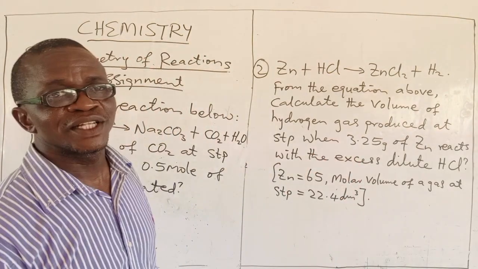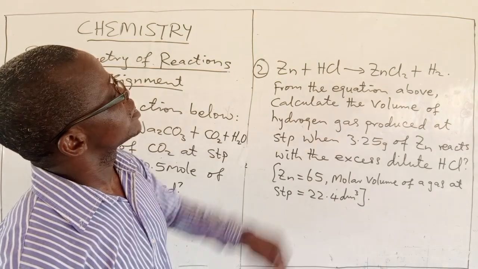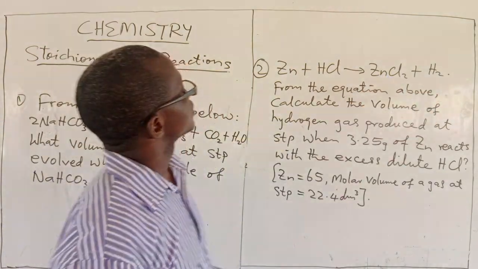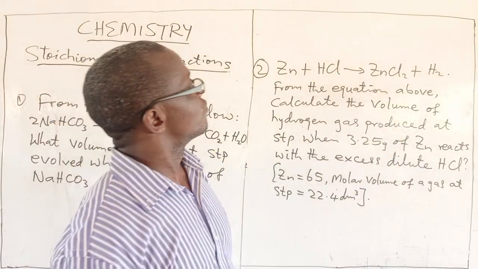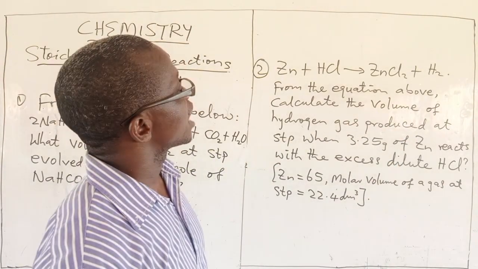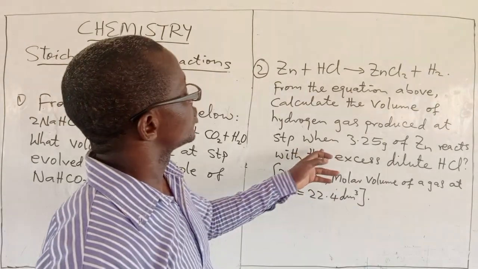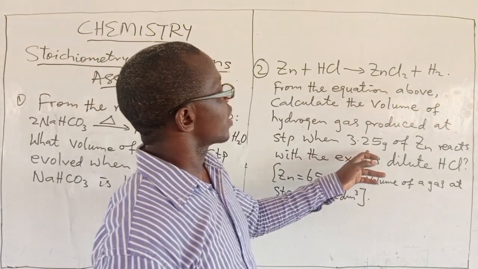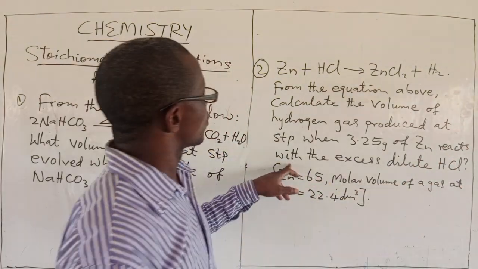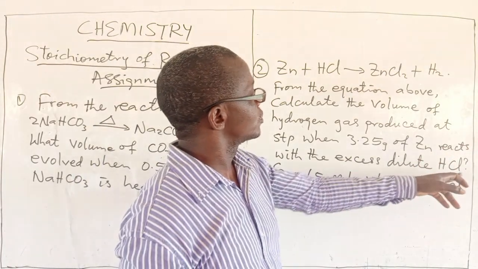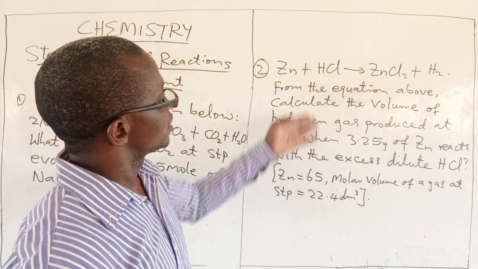Let's go to question number 2. Zn plus HCl gives you this and this. From the equation above, calculate the volume of hydrogen gas produced at STP when 3.25 gram of Zn reacts with the excess dilute HCl. So you can see the equation.